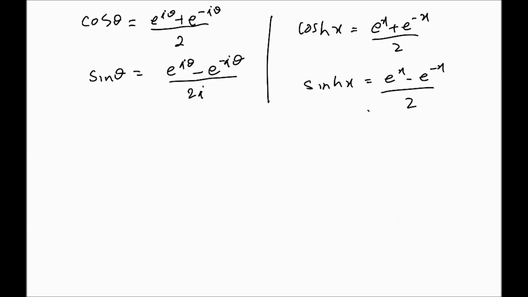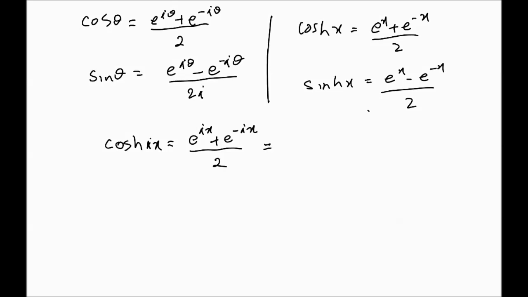So if we combine these two ideas, we can see that cosine hyperbolic of ix, imaginary times x, is equal to, just replacing ix into the formula of cosh, e to the ix plus e to the minus ix, and this is then divided by, according to the cosh formula, just a 2.